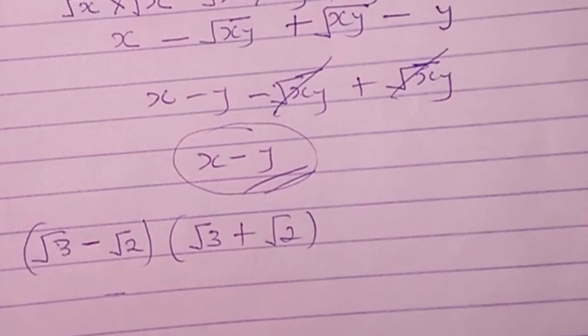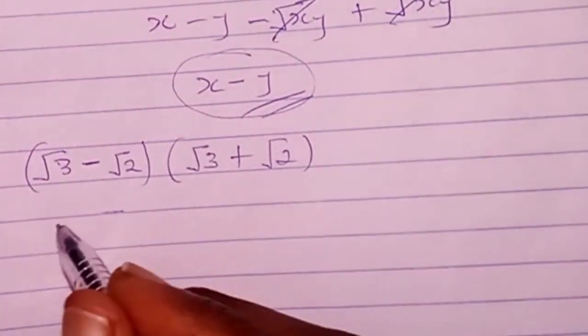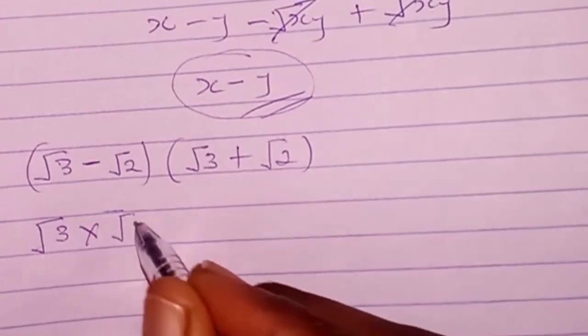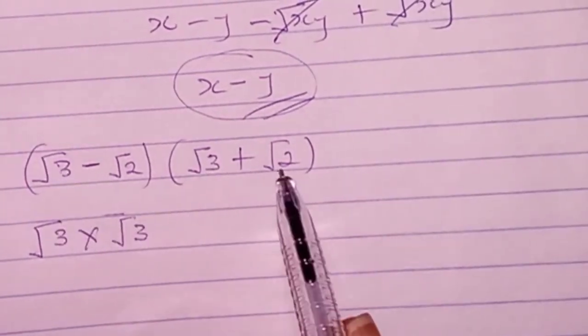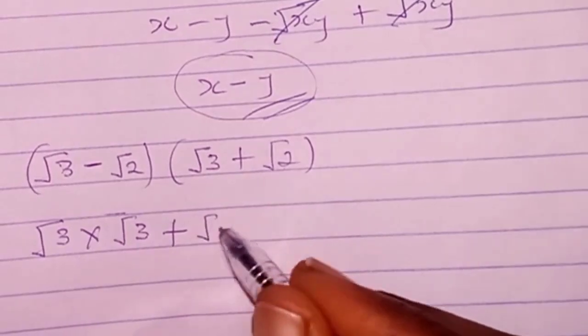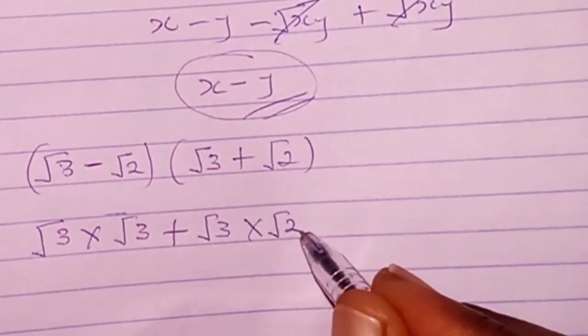All right, now let's check it out. Let's multiply out: root 3 times root 3, then root 3 times root 2. Let's do that, so we're going to have plus root 3 times root 2.